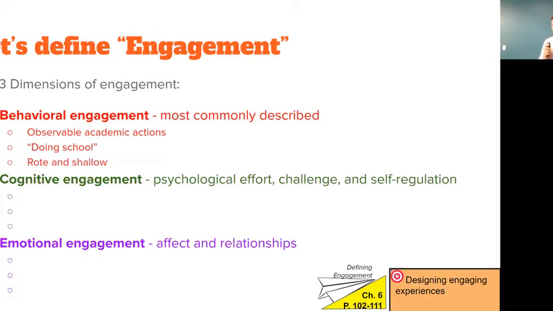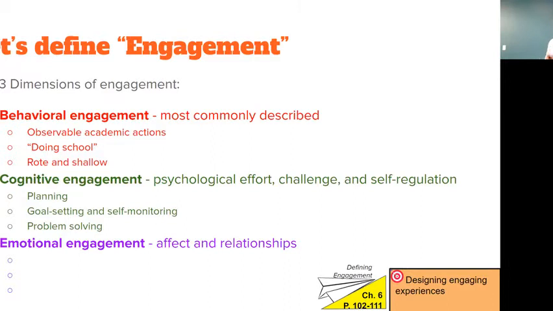When students are cognitively engaged, it's different. They're showing psychological effort. They're showing challenge, and they're showing the ability to self-regulate. We see them planning for problem solving, planning for process. We see them goal setting and self-monitoring. We see them problem solving.